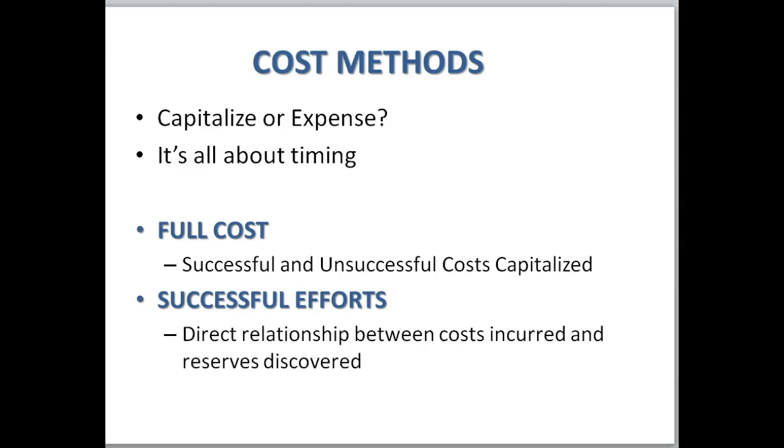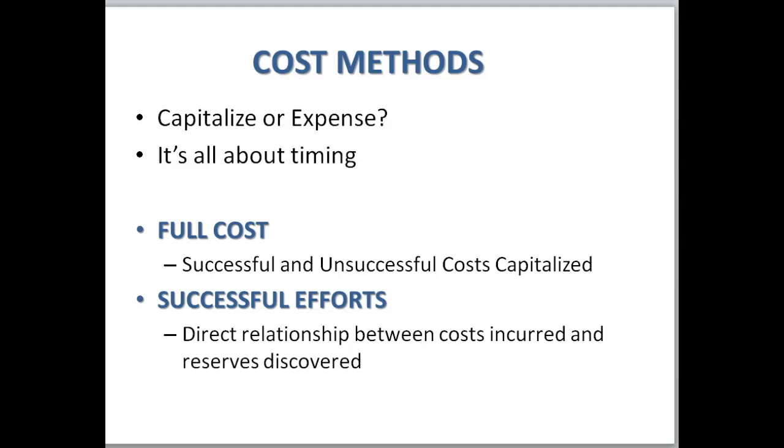With the full cost method, successful and unsuccessful costs are going to be capitalized. So you're going to have a larger asset base because of the larger capitalization. That's versus the successful efforts, which recognizes the direct relationship between the costs incurred and the reserves discovered.